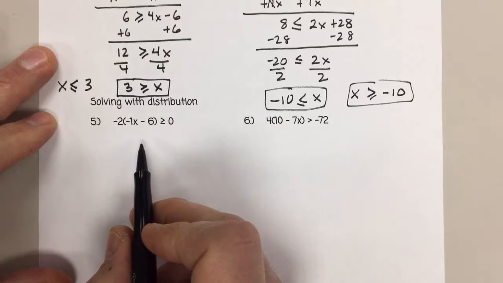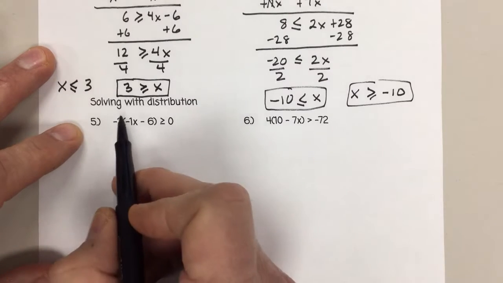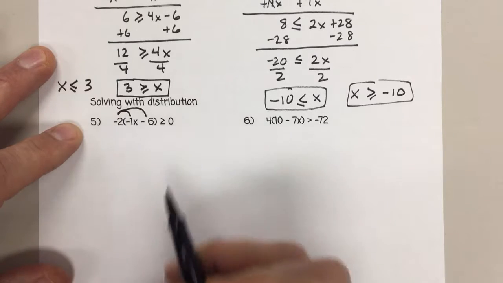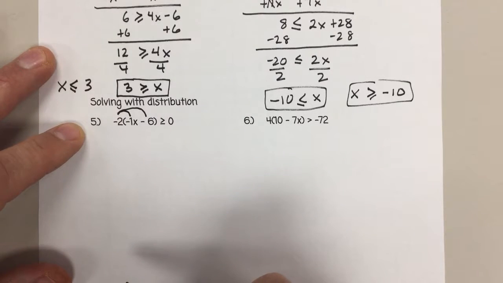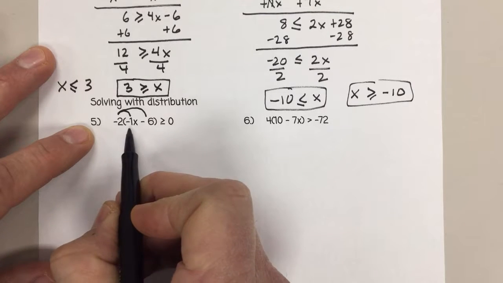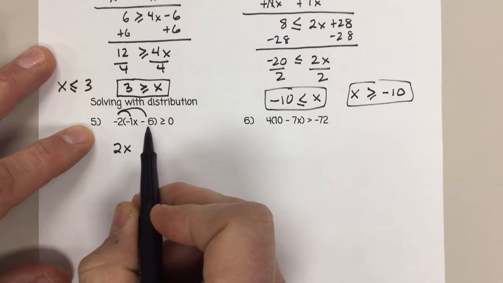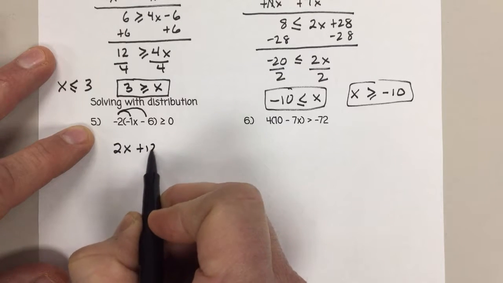Now, 5 and 6 are distribution problems. So the first step is I must distribute the negative 2 to both terms in parentheses. So negative 2 times negative x is 2x, and negative 2 times negative 6 is positive 12.